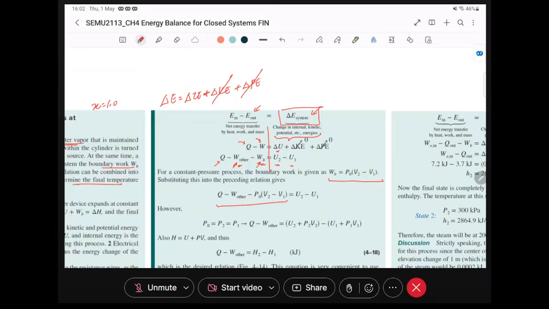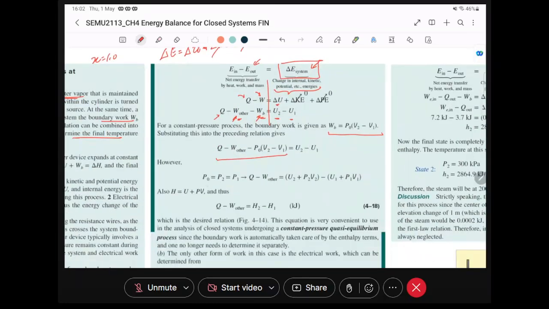Okay, and because it's constant pressure, so then we can expand the equation to become like this. Just this part here. Sorry, let me draw it nicely. So this part here, it become like this.